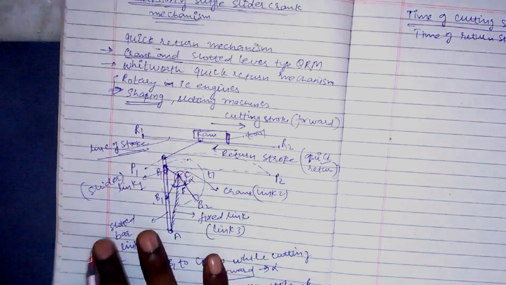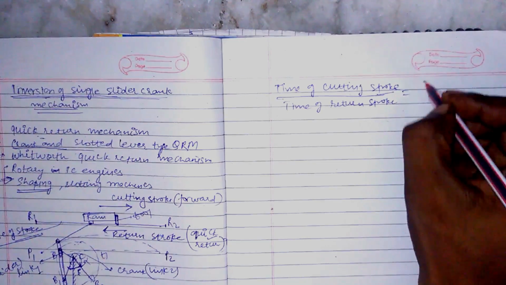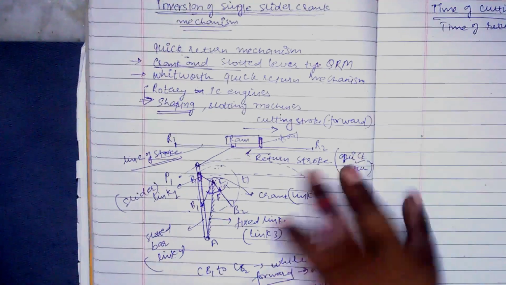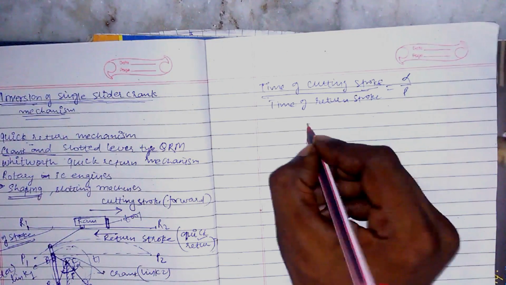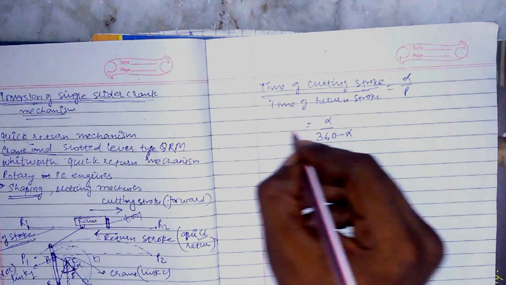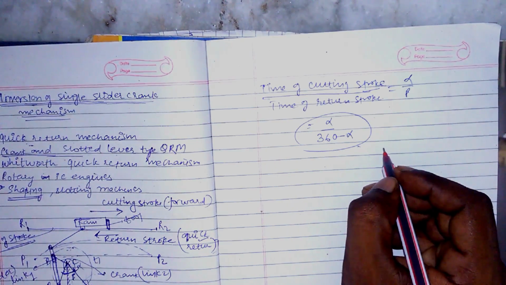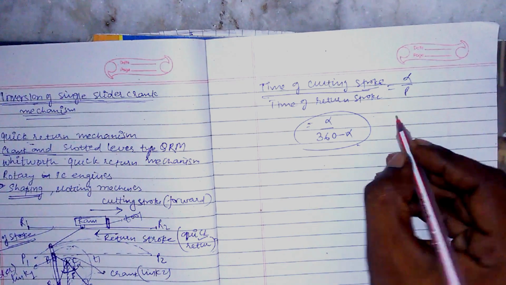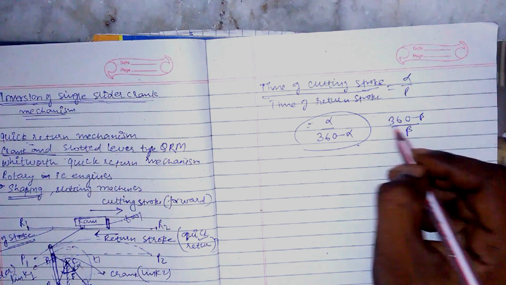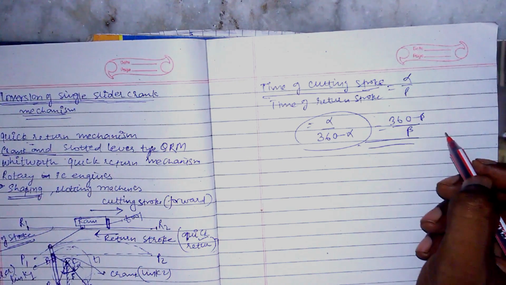So it would be proportional to the angles over here: alpha upon beta, and beta is 360 minus alpha. So we can write it as alpha upon 360 minus alpha, or alternatively alpha as 360 minus beta upon beta. Both are the same.